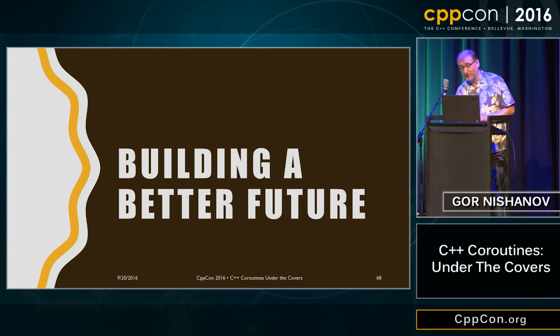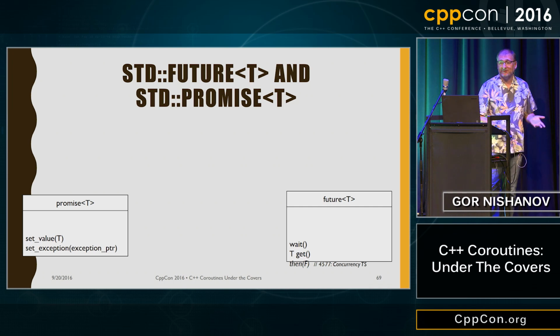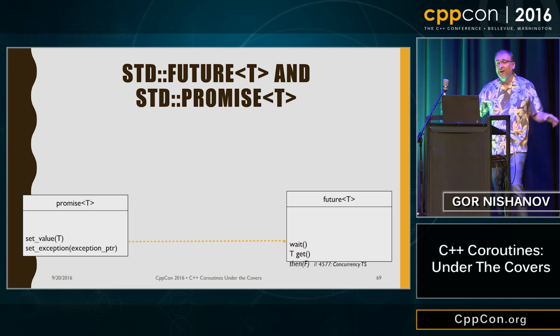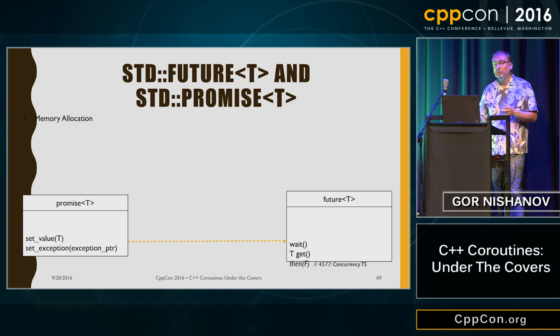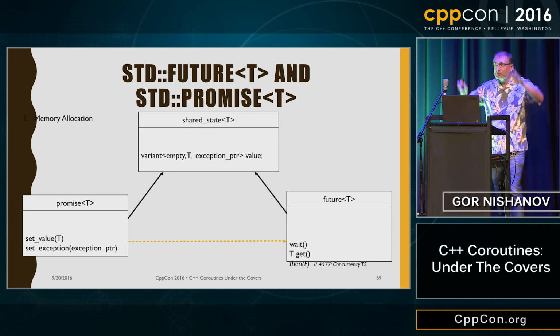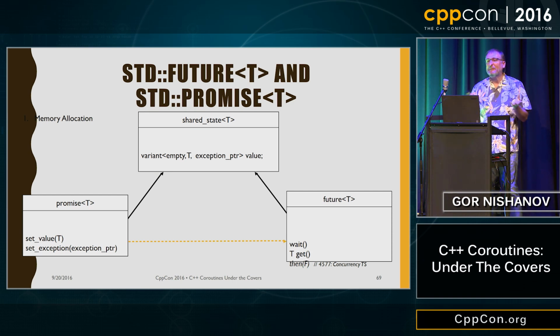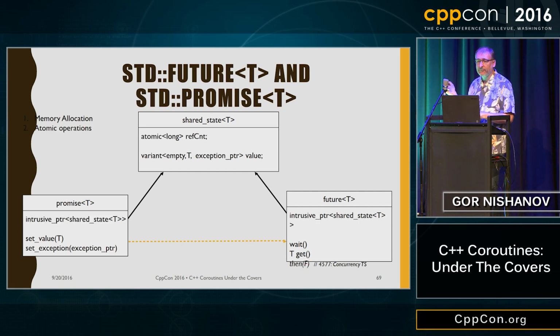Of course. So what are the overhead of the future and promise? Traditionally, it's two endpoints, and what we are doing is transferring a value from a promise to a future. We have a memory allocation overhead, because we have to store shared state somewhere that will store a variant with one of the three possibilities which future can hold: nothing, not yet, a value, or an exception pointer.